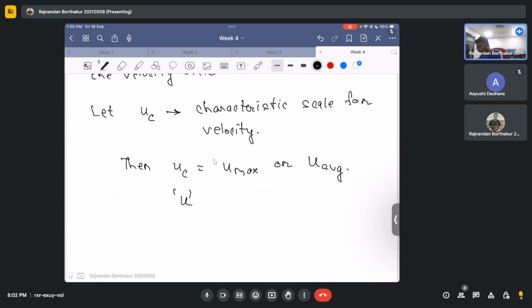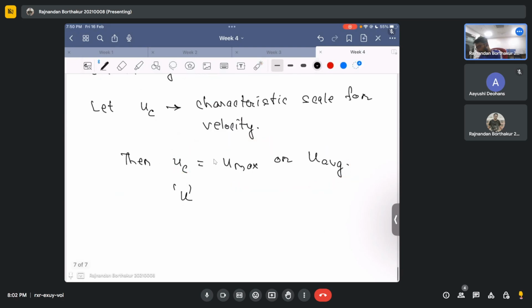Okay. This means that U, which is the x direction velocity, should be of the order of this U characteristic. Okay, this means that U can be anything, like, so the x direction velocity.